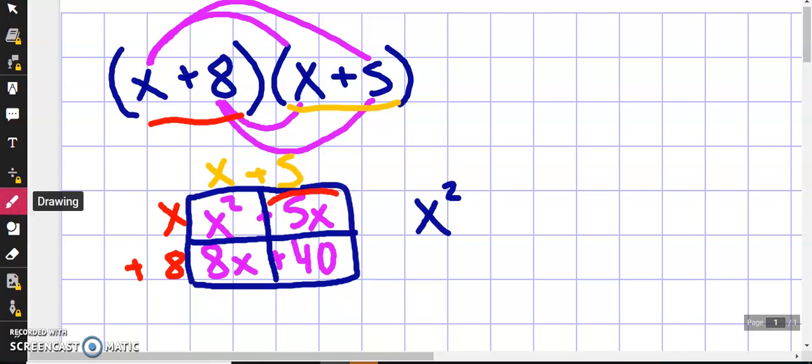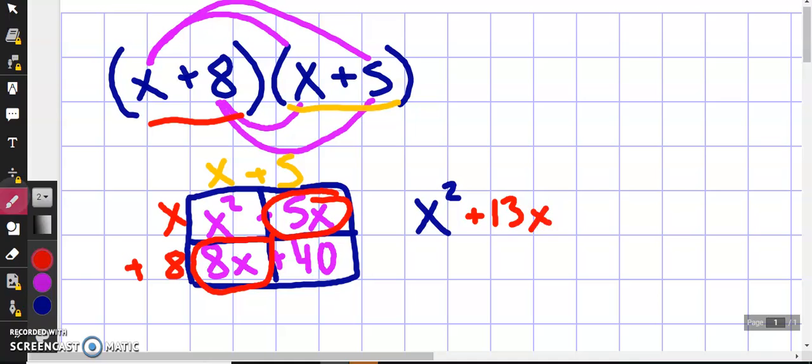My 5x, however, is a common term with my 8x. So if I do 5 plus 8, that's going to give me 13x. And then the 40 is not common to anything else, so just like the x squared, it's just going to come out.